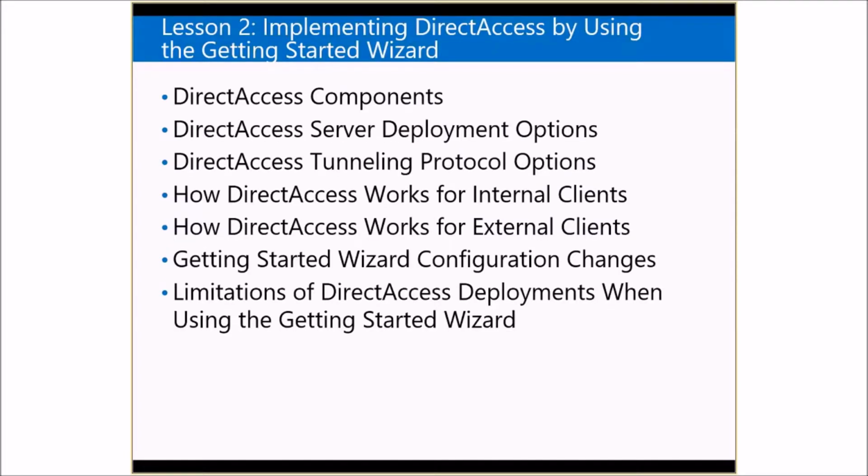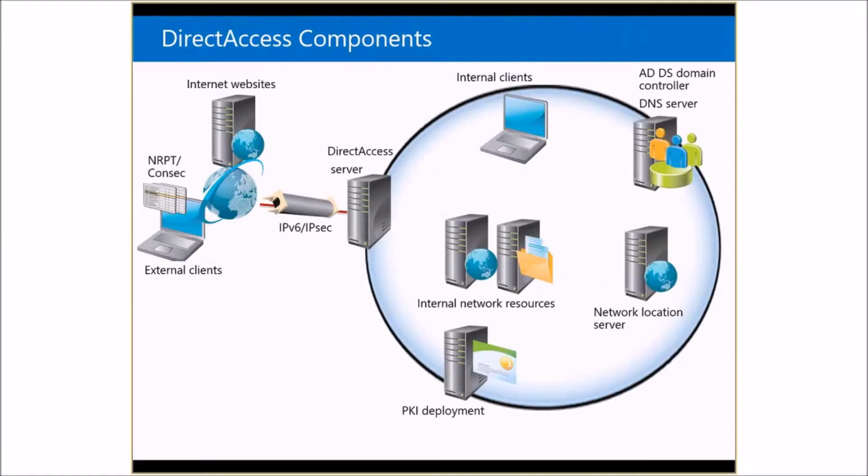So let's talk about DirectAccess. DirectAccess allows us to connect external clients, external websites, back and forth into our network by using IPv6 with IPsec. We've got various internal clients and internal network resources.